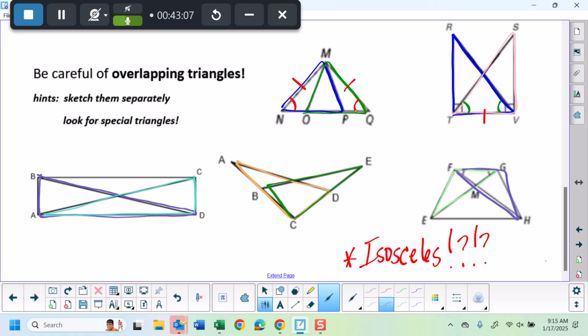So even though the green and the blue triangles are not isosceles, the whole picture, the big triangle, is. And you just got a set of congruent angles. Do you see it? Yes.